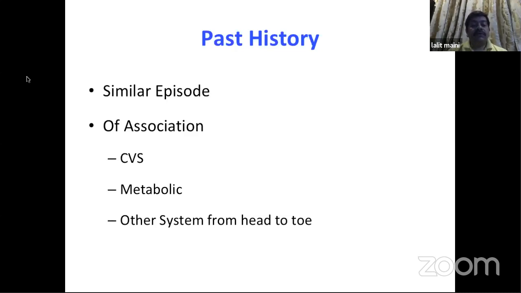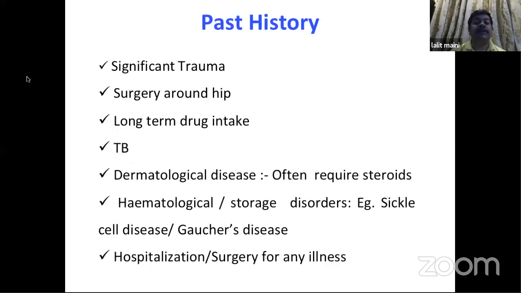You can just, in your mind, look for symptoms from head to toe and ask the patient if they might have an association with your presenting complaint. So you want to have a past history of trauma, surgery around the hip, long treatment undertaken, any history of tuberculosis, any dermatological disease for which the patient might have taken steroids, any long hospitalization, or any surgery for any illness.